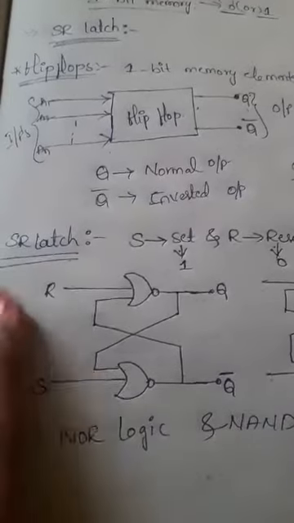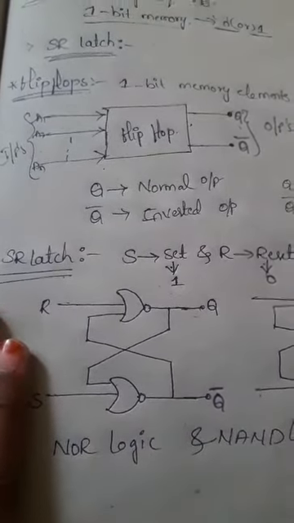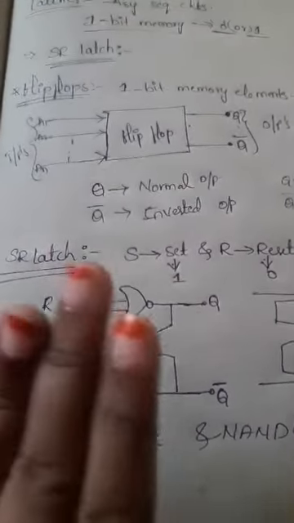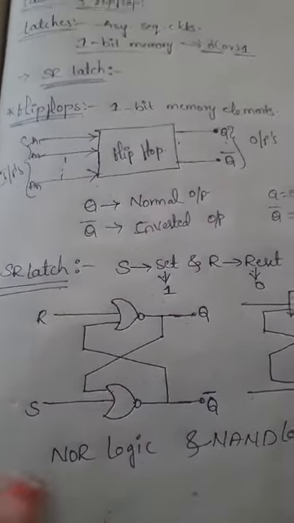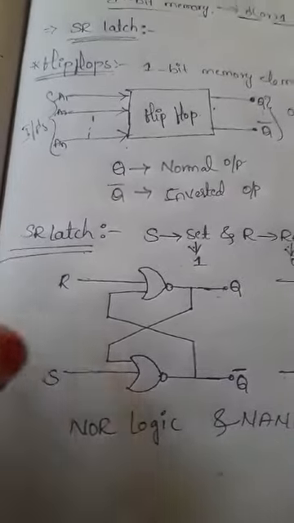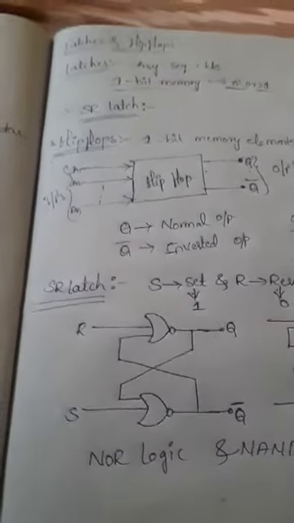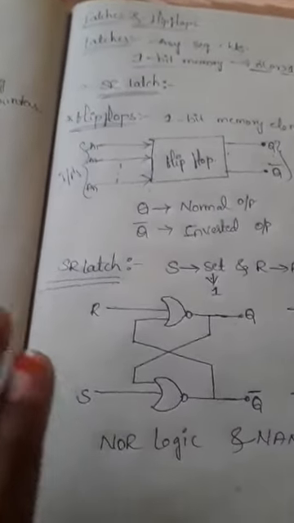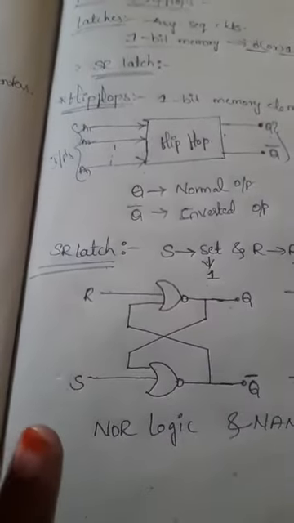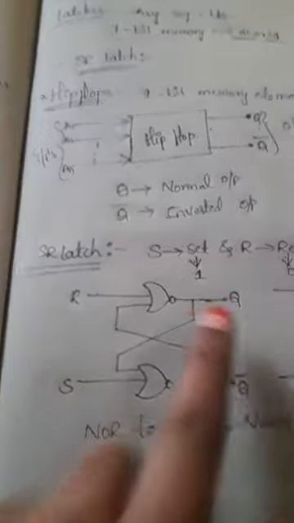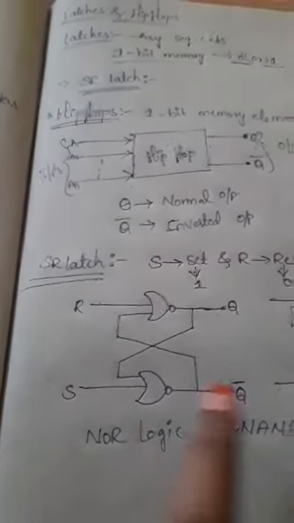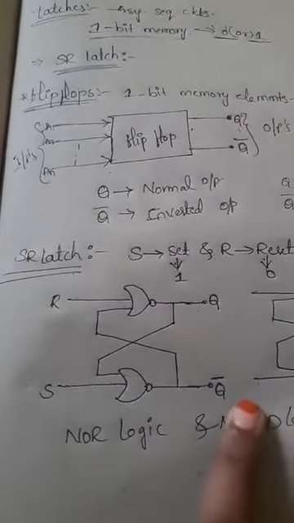So this is the mandatory identification for designing latches by using NOR gates. This is the important thing while you are designing an SR latch with the help of NOR gates. R is the first input, which should be in the normal path, and S is the next input, which should be in the complement path.